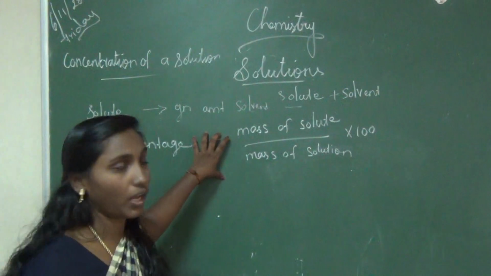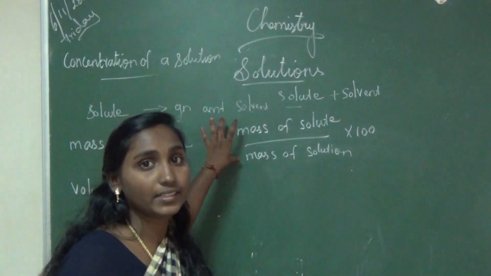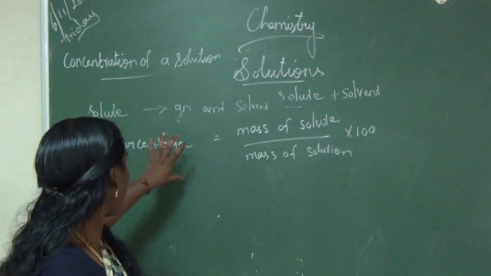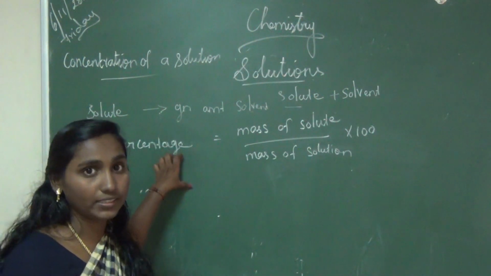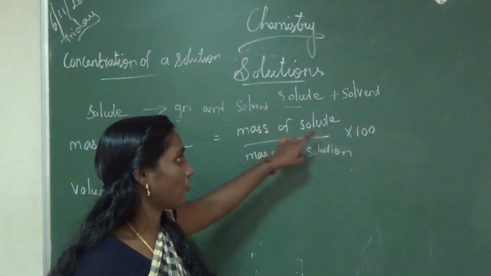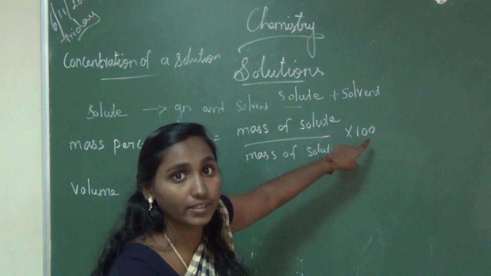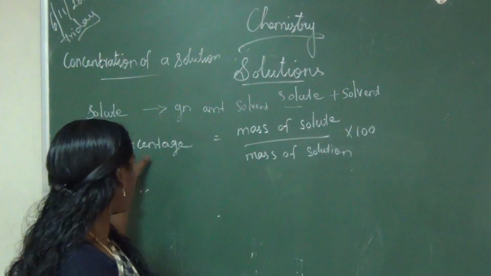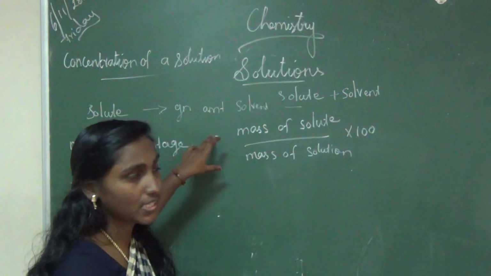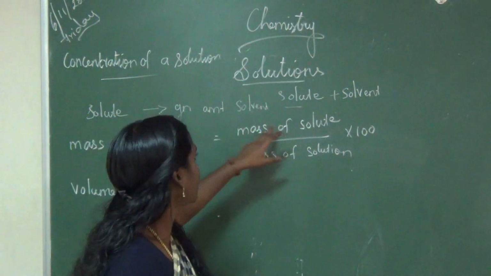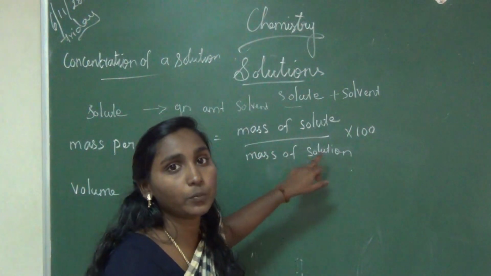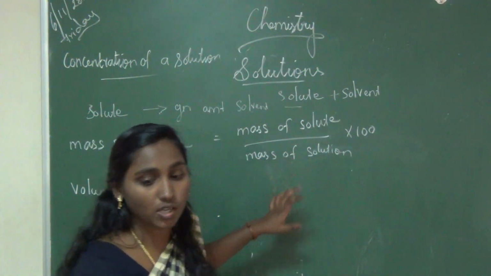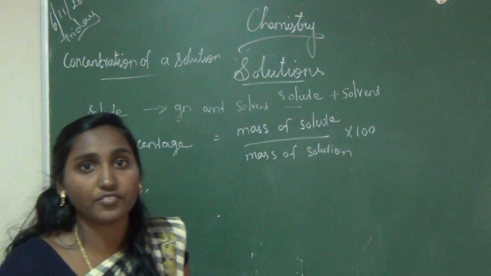From this formula we are going to write the definition. So listen carefully. Mass percentage of a solution is defined as the percentage by mass of solute present in a given mass of solution. That is called the mass percentage definition.